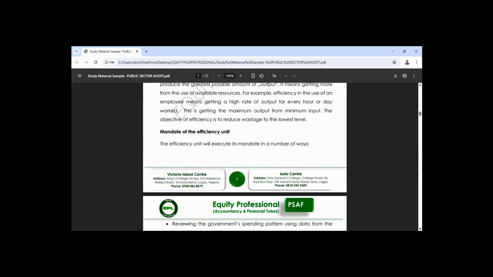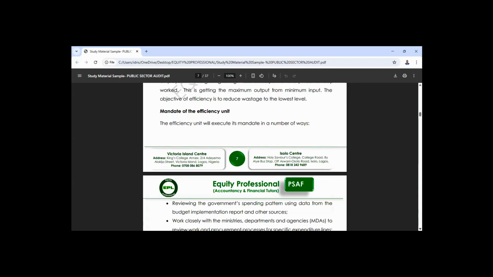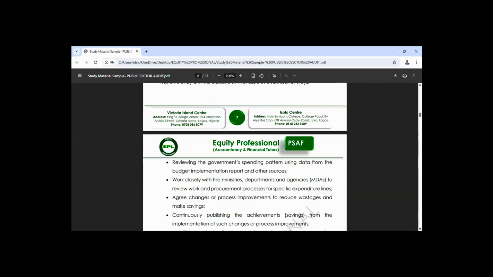So what are the mandates of efficiency units? While using efficiency, which is one of the components of value for money audit, we have different mandates of efficiency units. One of the mandates is reviewing government spending patterns using data from the budget implementation reports.